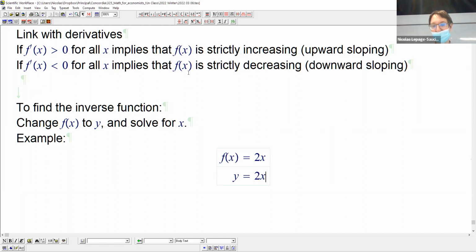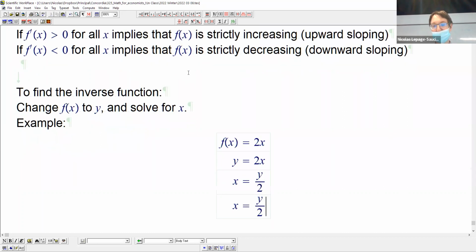I find that x equals y over 2, and this would be f inverse.